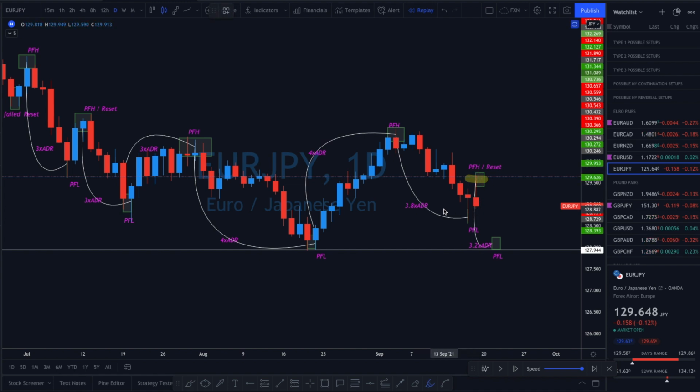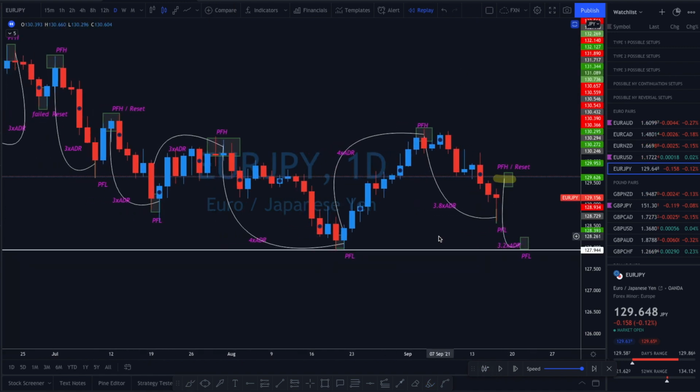So in this case, if this candle here was where the reset happened, you have to ask yourself, even if we go back one more candle, one more day, where is liquidity at? And you may not know this, which is perfectly fine, by the way, because we're going to talk about this in the later videos. But I just want you to realize the liquidity here is down here.